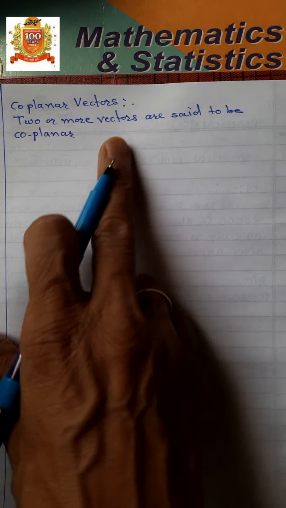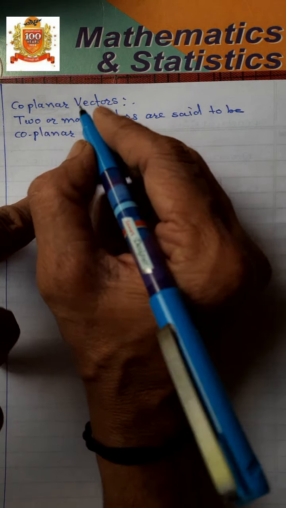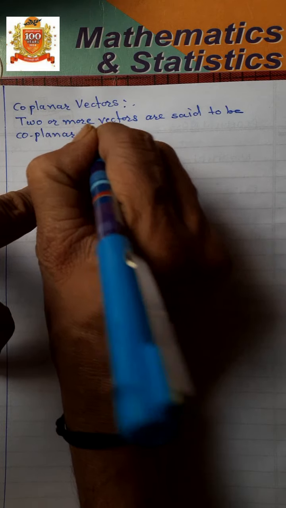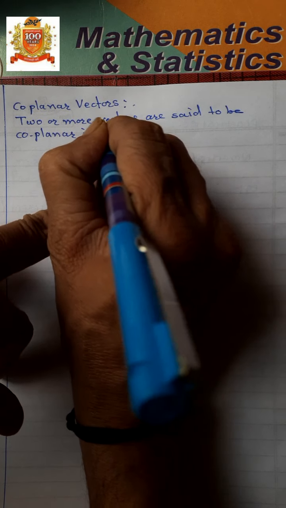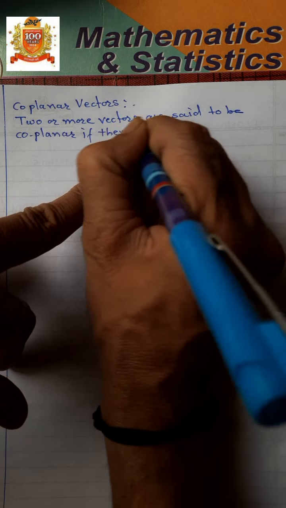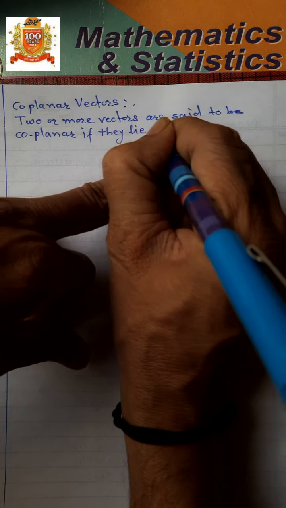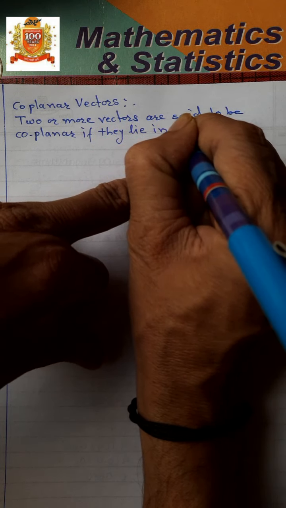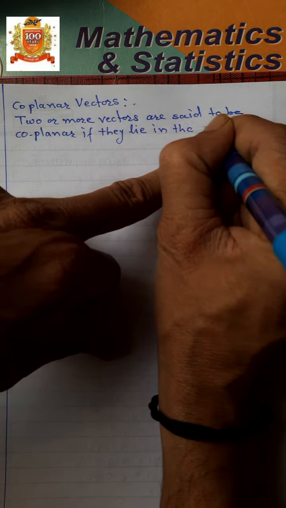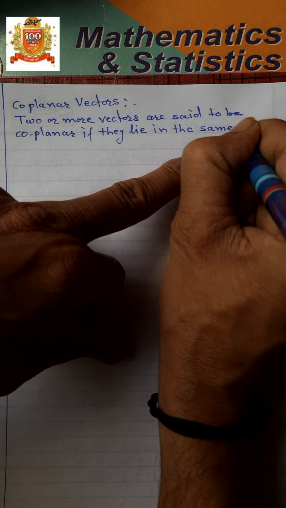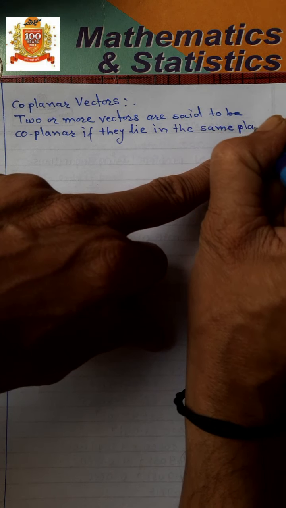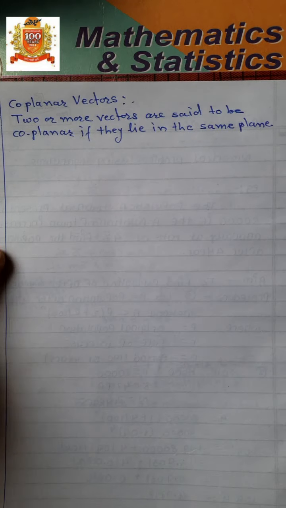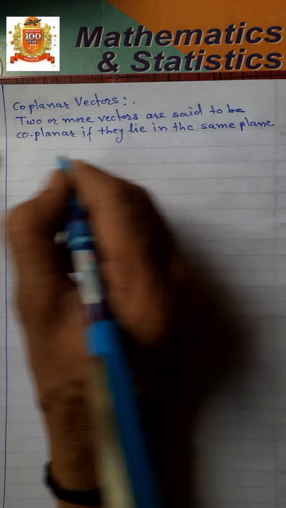Two or more vectors are said to be coplanar if they lie in the same plane. What is the meaning of this?